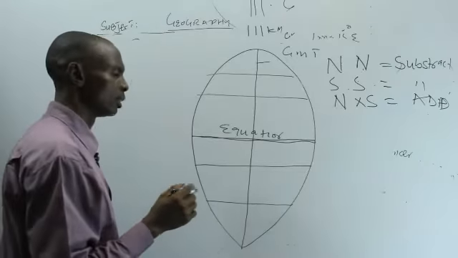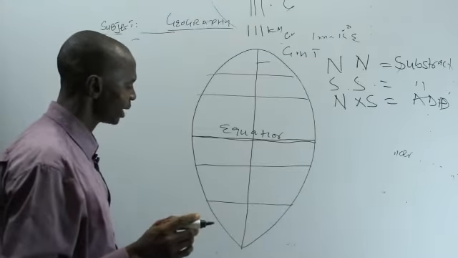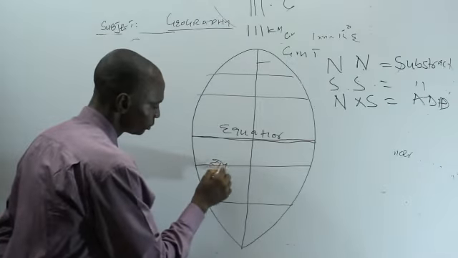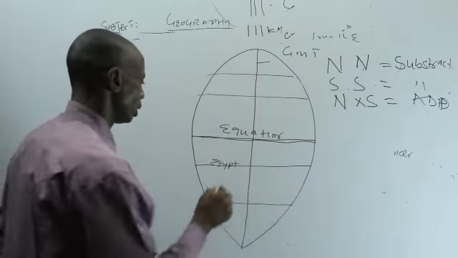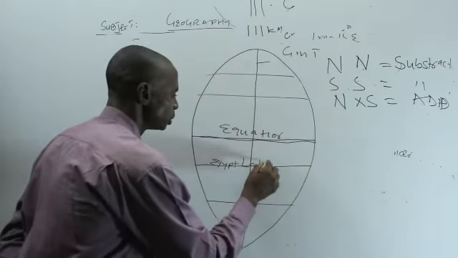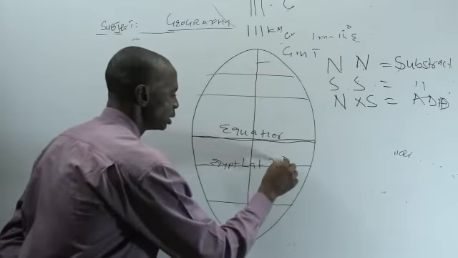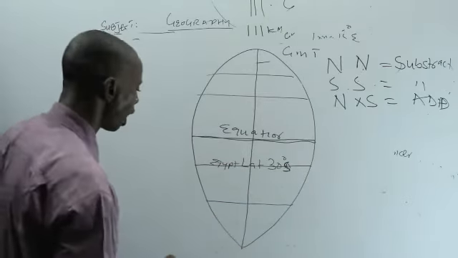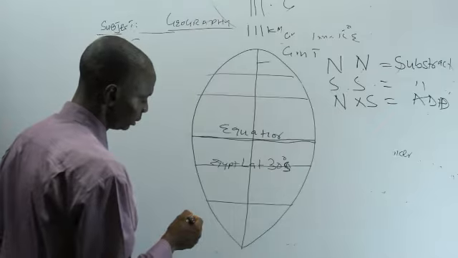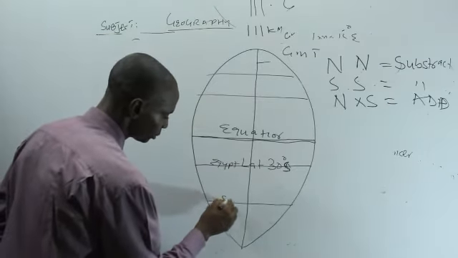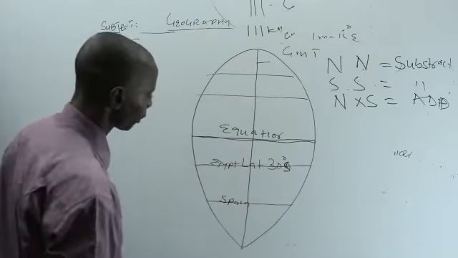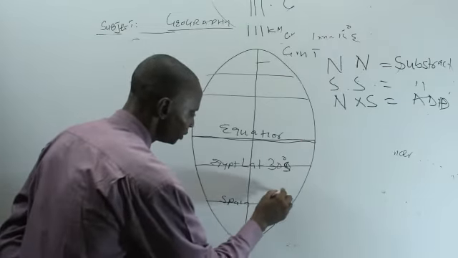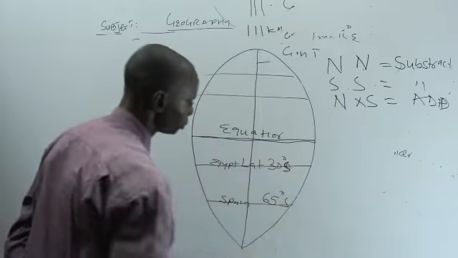What is the distance between Egypt, latitude 30° south, and Spain, latitude 65° south?